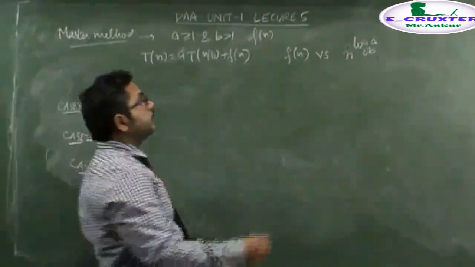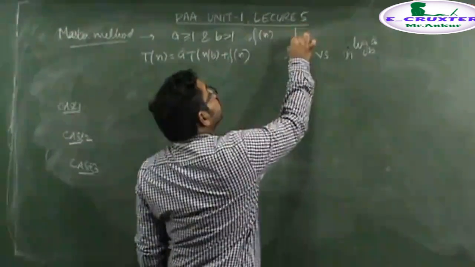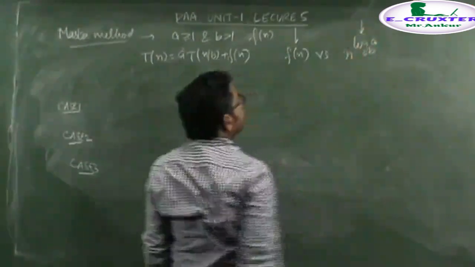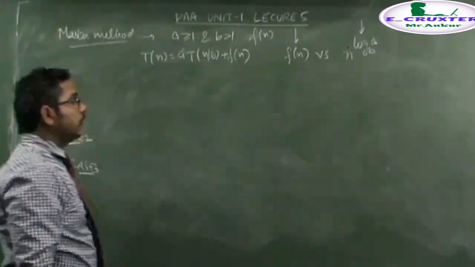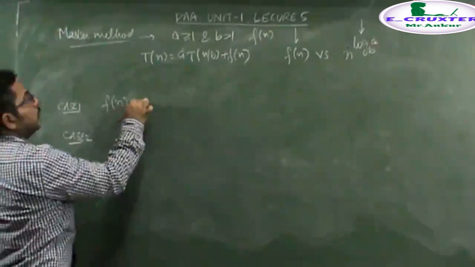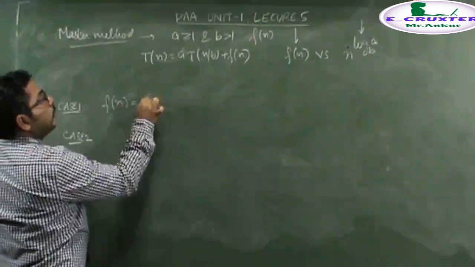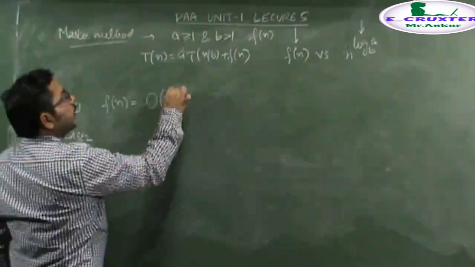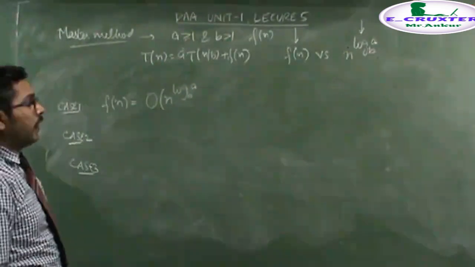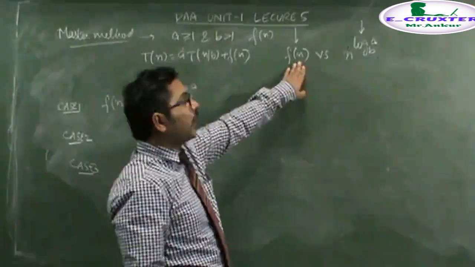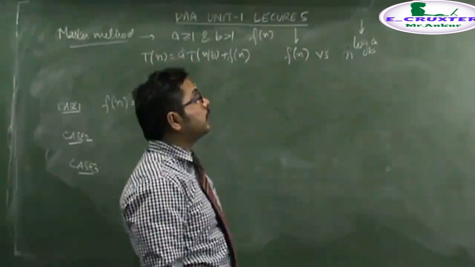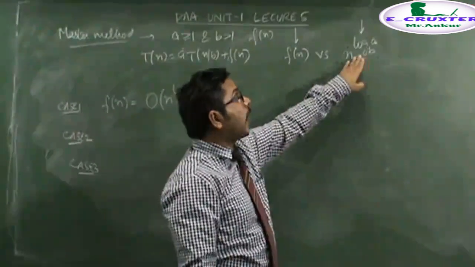Now we are checking the growth rate of f(n) compared to this function, and we say that if f(n) is asymptotically and polynomially smaller than n raised to power log base b of a, that is, if the growth rate of f(n) is smaller than the growth rate of n raised to power log base b of a, that is, n raised to power log base b of a is acting as the upper bound.